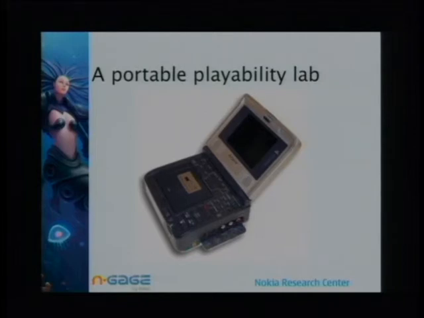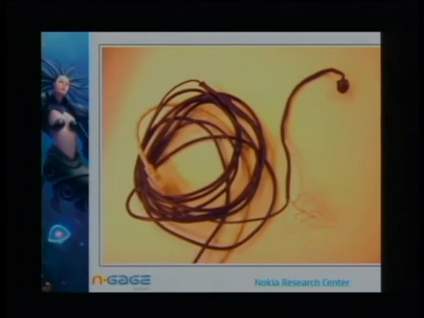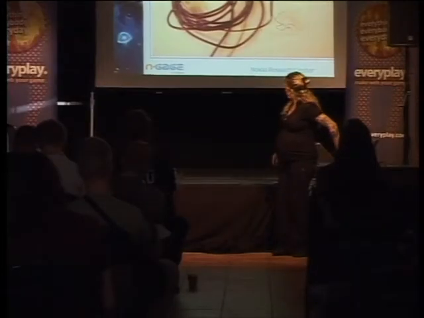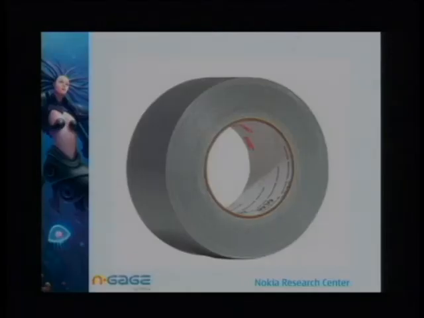This is stuff that we have used for a portable lab, so a small DV device and a lot of cables. This is one of our newer mobile phone cameras, so it's really small. It looks almost like a cable. Then duct tape, of course.